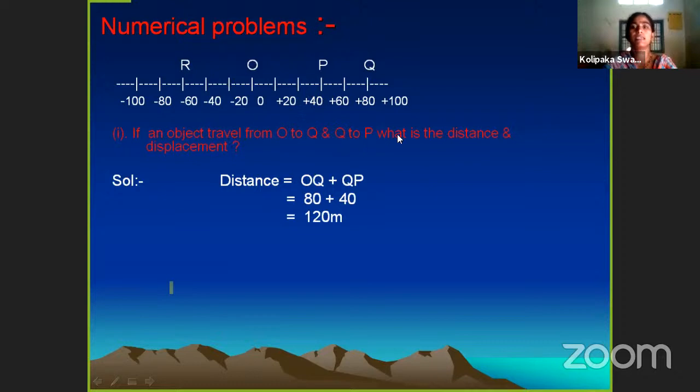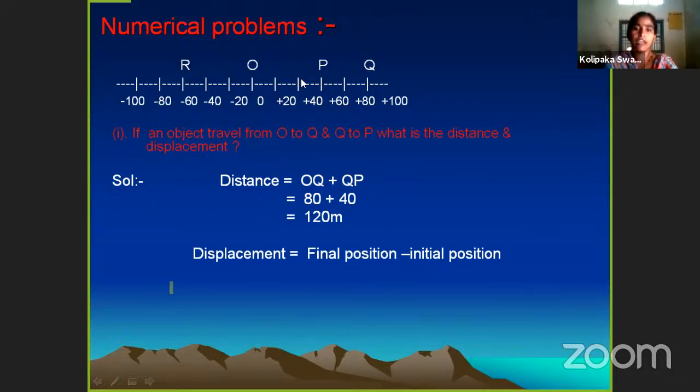Next, find out the displacement. We know the formula of displacement: displacement is equal to final point minus initial point. What is the definition of displacement? The shortest distance between the initial point and final point we call displacement.